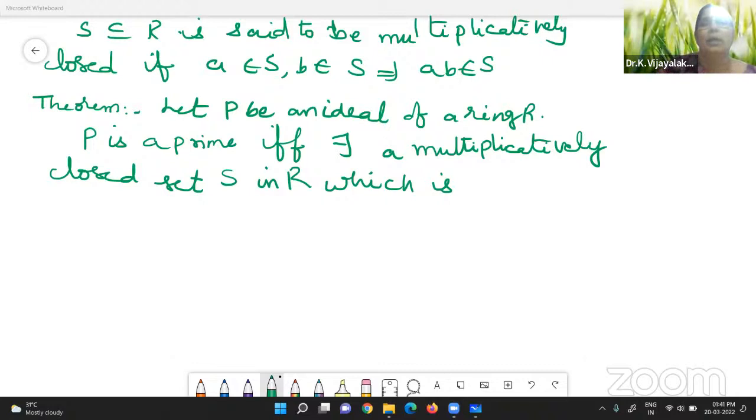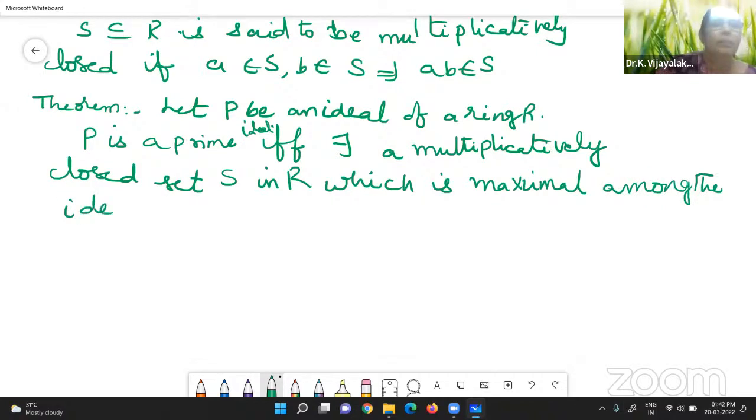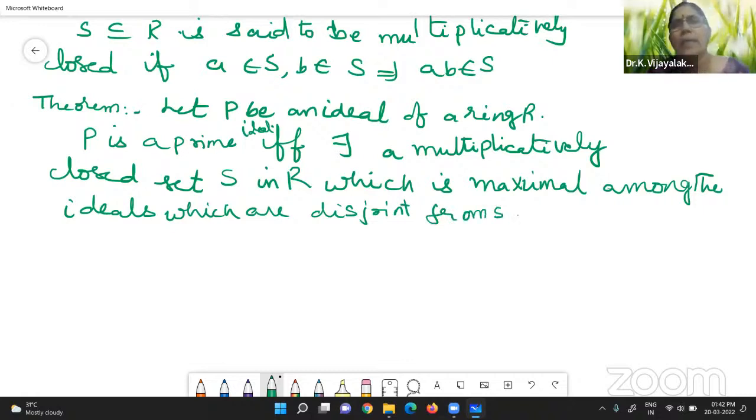Let P be an ideal of a ring R. P is a prime ideal if and only if there exists a multiplicatively closed set S in R such that P is maximal among the ideals which are disjoint from S. What do you mean by a set being disjoint?